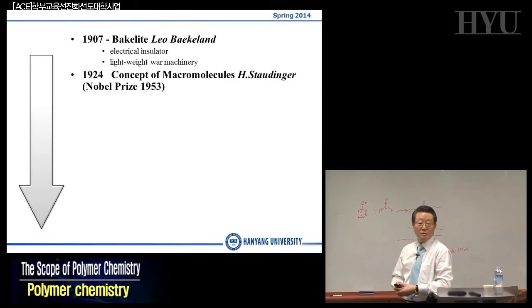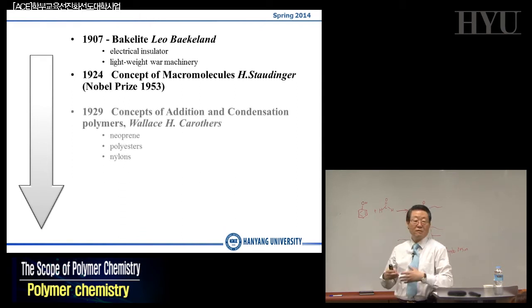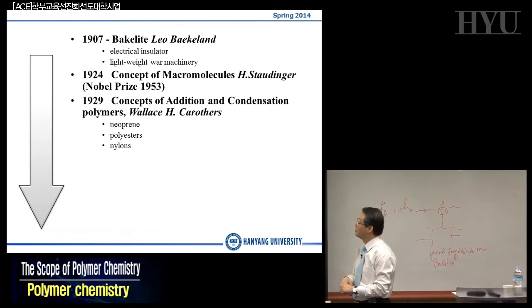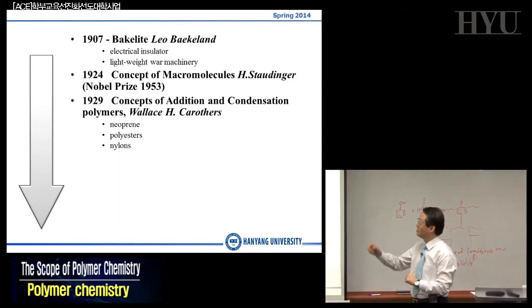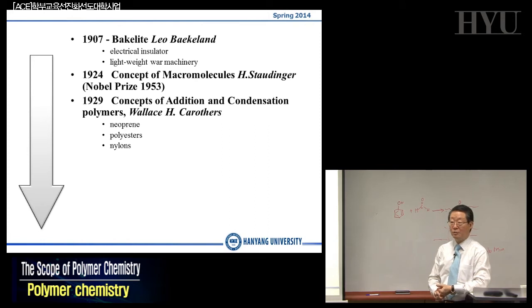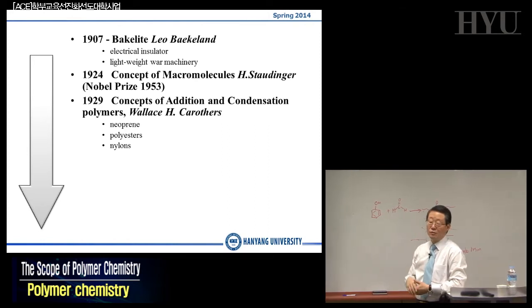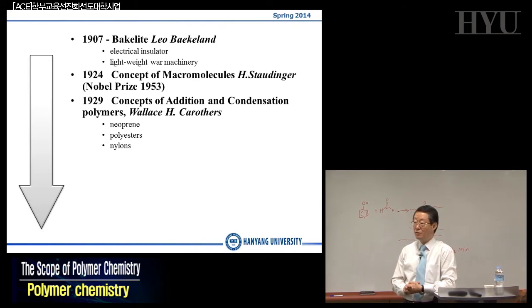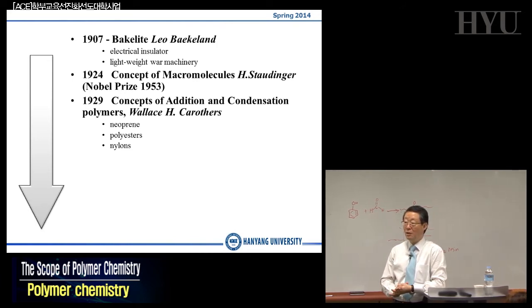Right after 1927, the concept of macromolecules was suggested by Professor Staudinger. There were a lot of inventions. The first invention was done by the chemist Carothers. At the time, in 1929, he was an assistant professor at Harvard University in the chemistry department.